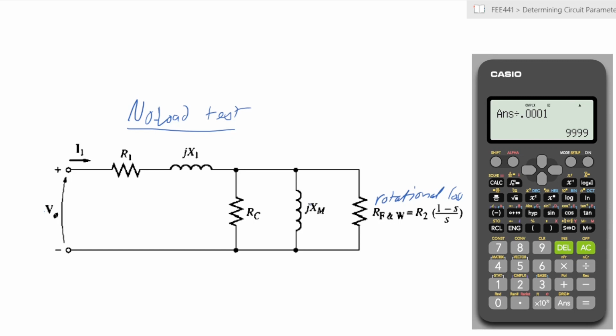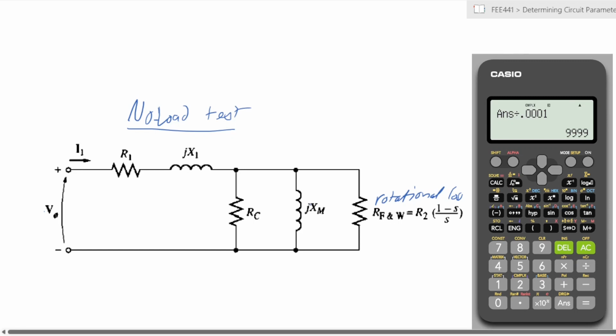So what does this mean to us now? This means that if you were to look at these three paths for current, this one, and that one, these are three different paths that current could take. So I1 splits into these three. Which of these is most likely to take the most current?